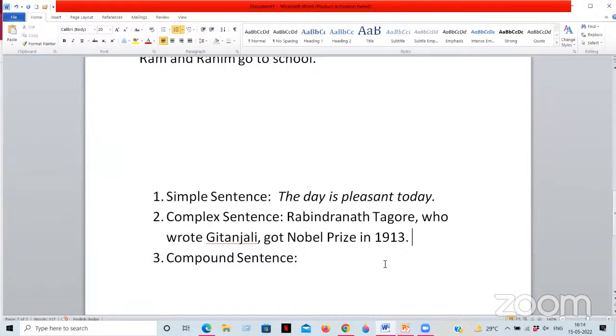Even if you will remove the subclause, it will have its own meaning without affecting the essence of the sentence. Now, Rabindranath Tagore, if you will see here, Rabindranath Tagore is the subject. And regarding this subject, there are two clauses. One is wrote Gitanjali, another one is got Nobel Prize in 1930. So here, one thing is the main clause and another one is called subclause.